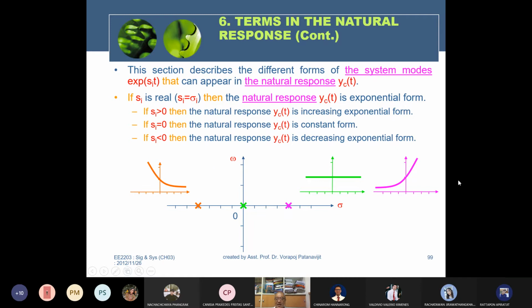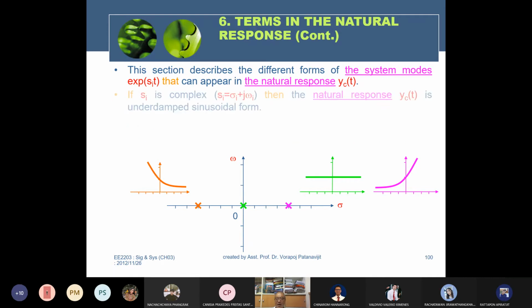This is the first case, where s is a real value: negative, positive, or 0. Next is if s is a complex conjugate. It depends on the real part.